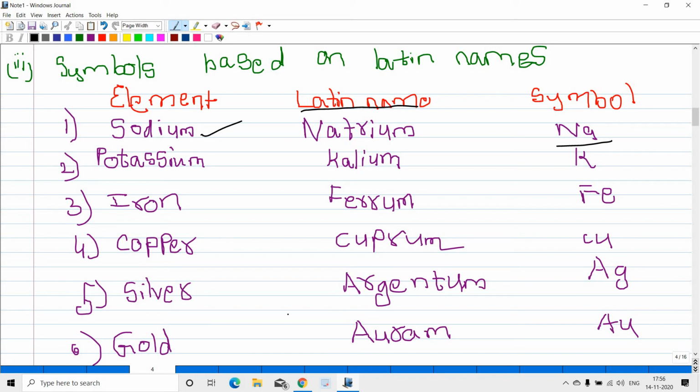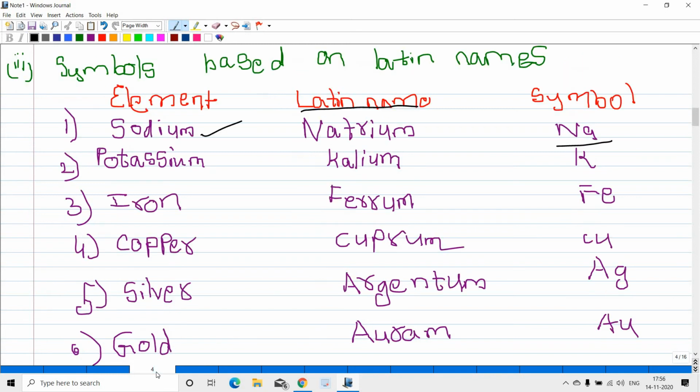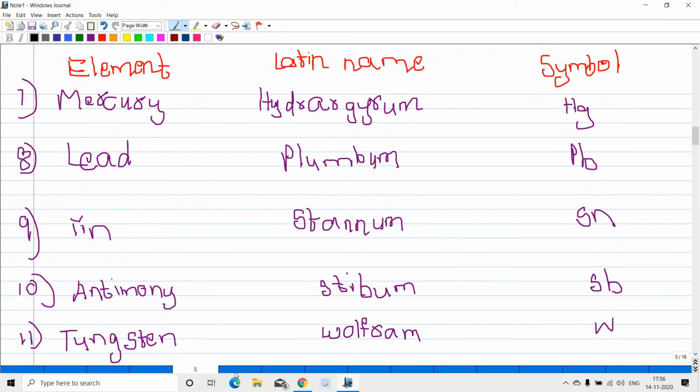Silver, argentum, Ag. Gold, aurum, Au. Like this, another five: mercury, lead, tin, antimony, tungsten. Totally, 11 elements have 11 Latin names. In future, if we get any new element, we can write a Latin name, or conclude with another type. So this is about Latin names.